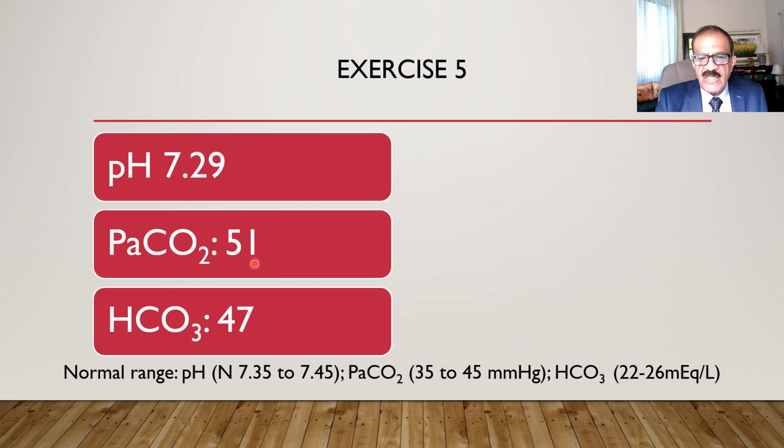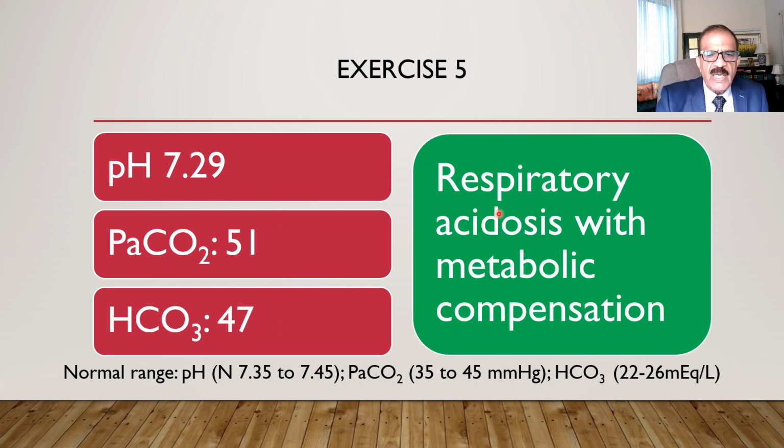Now let's see if there is compensation. If there is increased carbon dioxide, as a compensation, bicarb is also expected to increase, and that is exactly the case here. Bicarb is also increased. So this is respiratory acidosis with metabolic compensation.